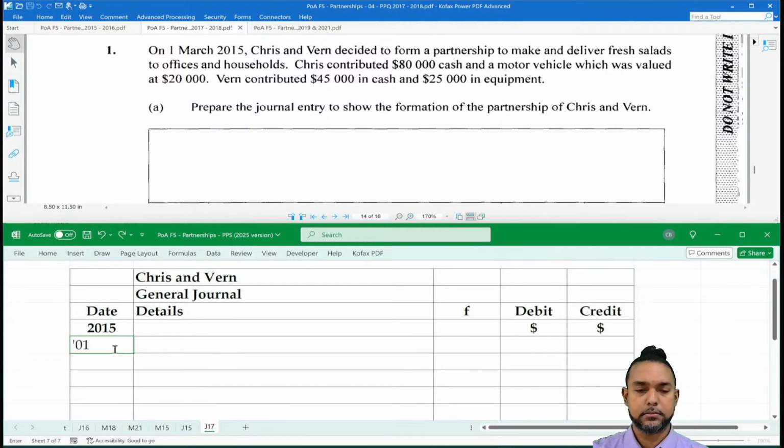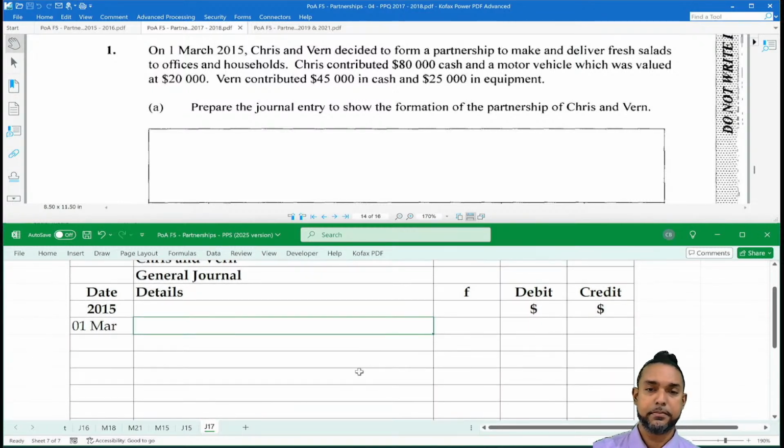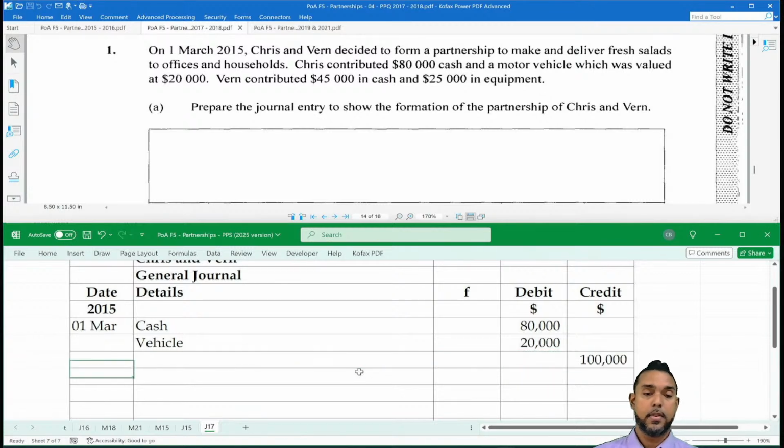Right, so for Chris, cash and vehicle. Of course, this would be the capital.